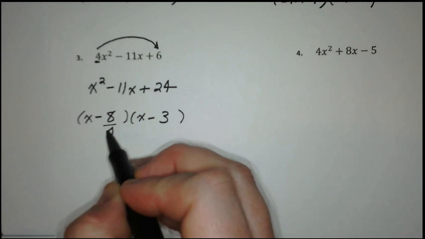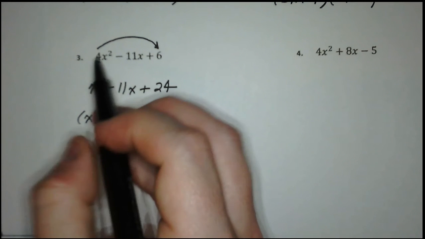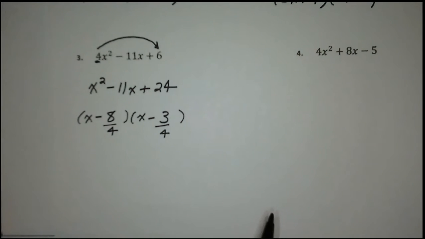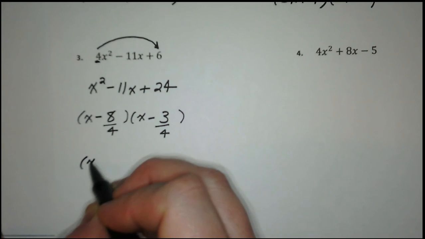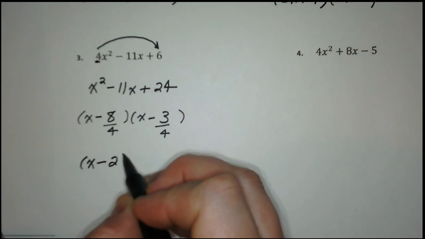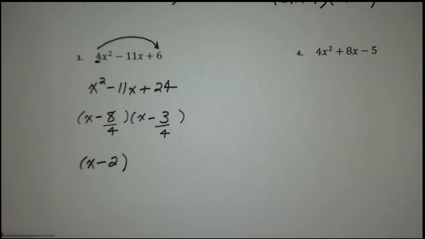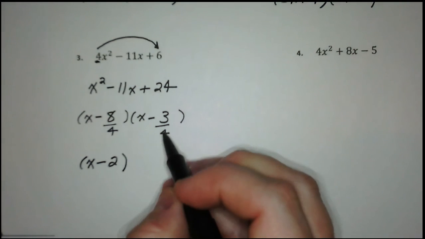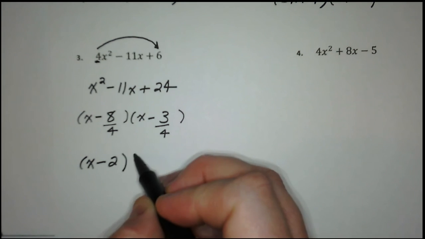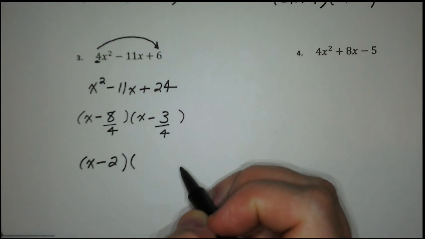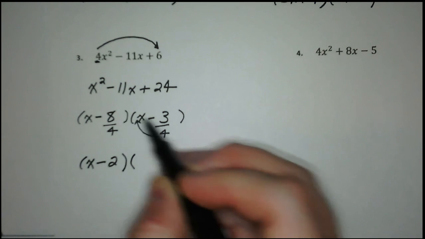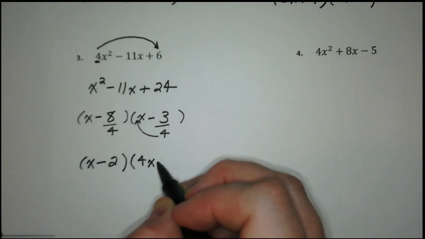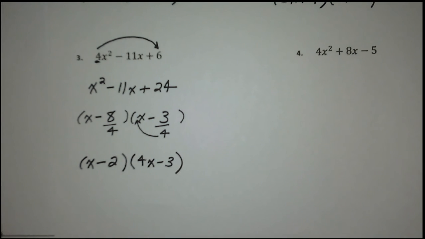And now it's time for the phoenix, this time the phoenix is a 4, to rise from the ashes. 8 over 4 divides clean, that's 2. 8 divided by 4 is just 2. 3 over 4 does not reduce. Doesn't divide clean. So the 4 is going to get bumped up. And that would be our answer for that one.